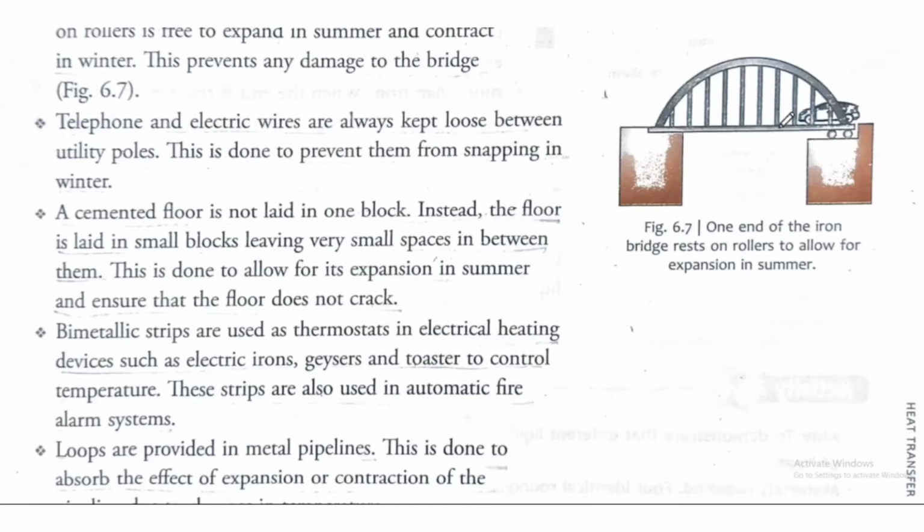And in winter season, when the bridge contracts, the rollers move backward to readjust its contraction. In the same way, students, telephone and electric wires are always kept loose between two utility poles. Because in winter season, when the metal wires contract, they would not tear off, which prevents them from snapping.